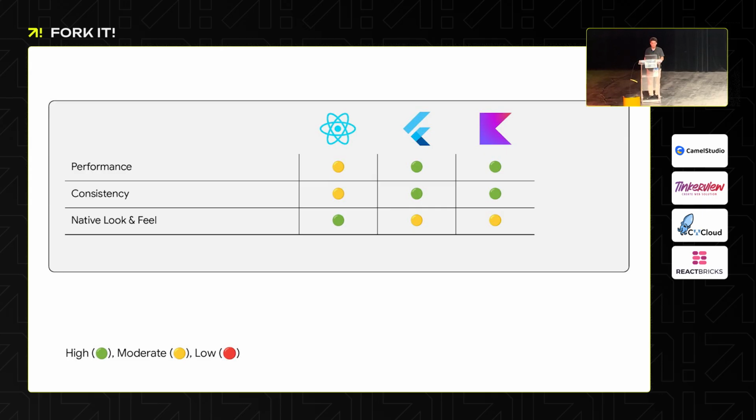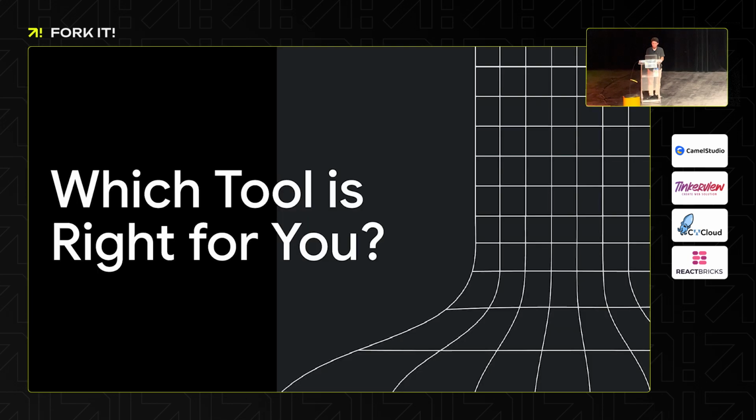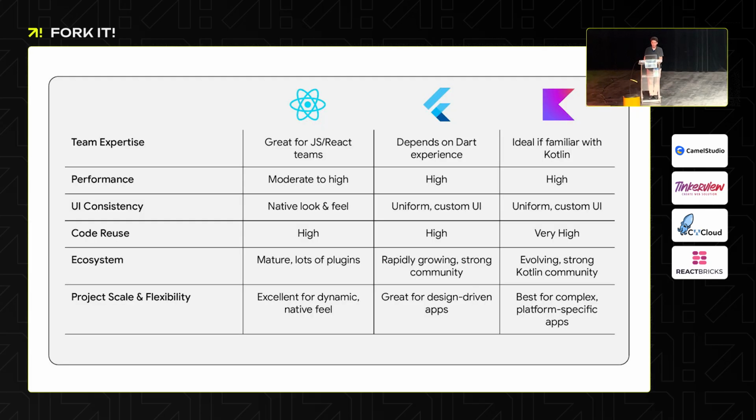So yeah, that's what we mean. iOS users, in their mind, are using native iOS applications, and that's the look and the feel, the experience that they want. So if you want a better experience for your users, make sure to have a native look and feel for your application.